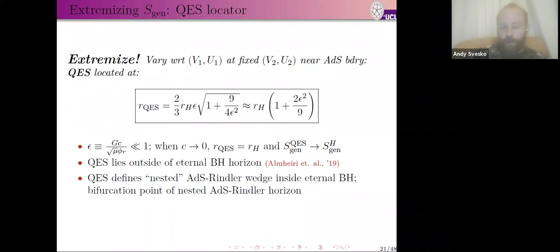One other important point is that the QES defines a so-called nested AdS-Rindler wedge that lies inside of the full eternal black hole, where the bifurcation point of this nested AdS-Rindler wedge is equivalent to the position of the quantum extremal surface.